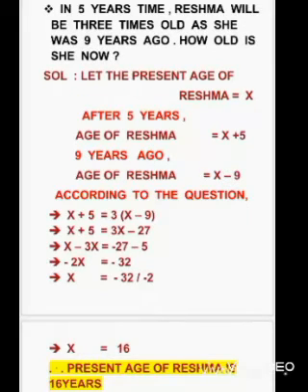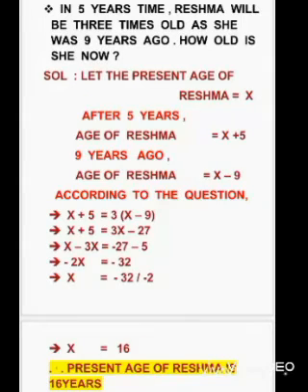So children, according to the condition given in the question, in 5 years time, Reshma will be 3 times old as she was 9 years ago, isn't it? In 5 years time means x plus 5, which is equal to Reshma will be 3 times old as she was 9 years ago, means 3 into x minus 9.